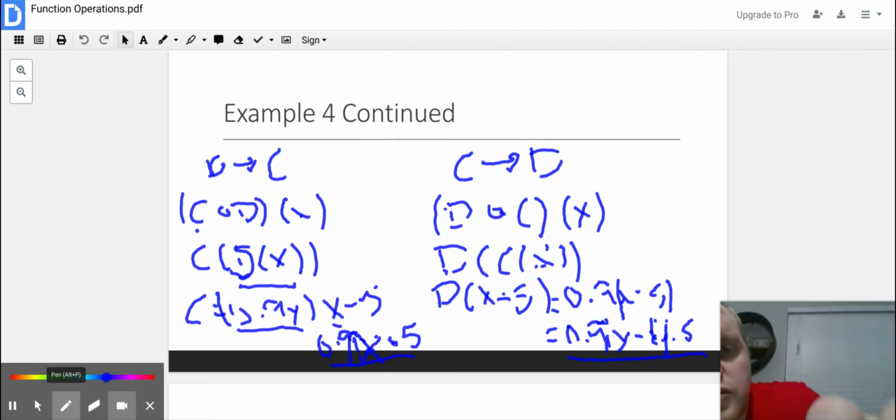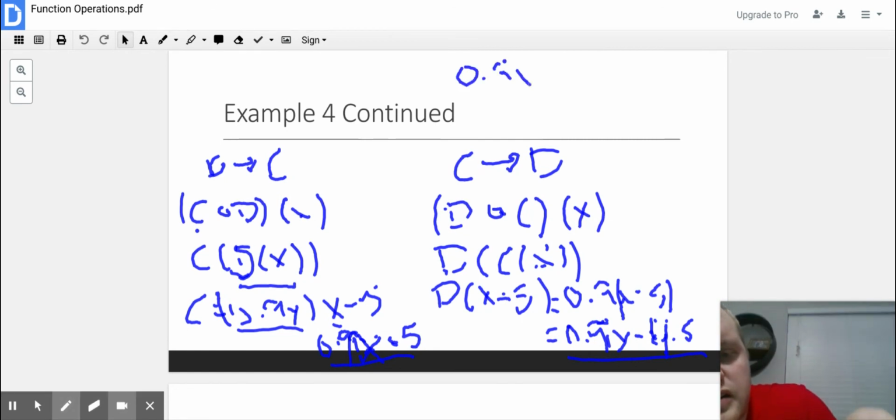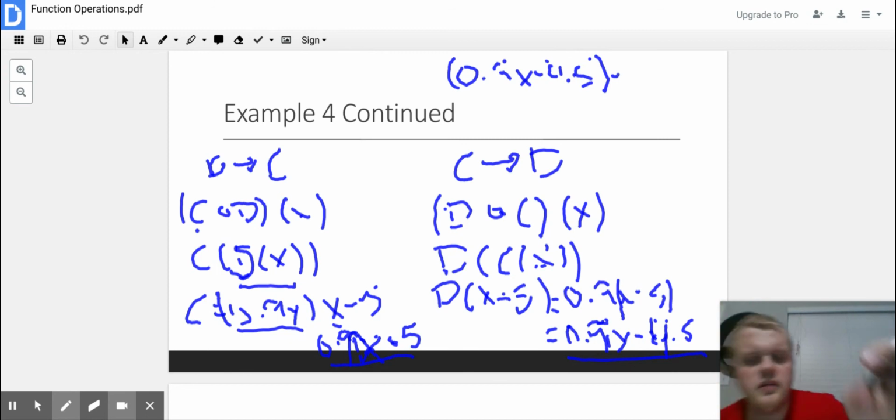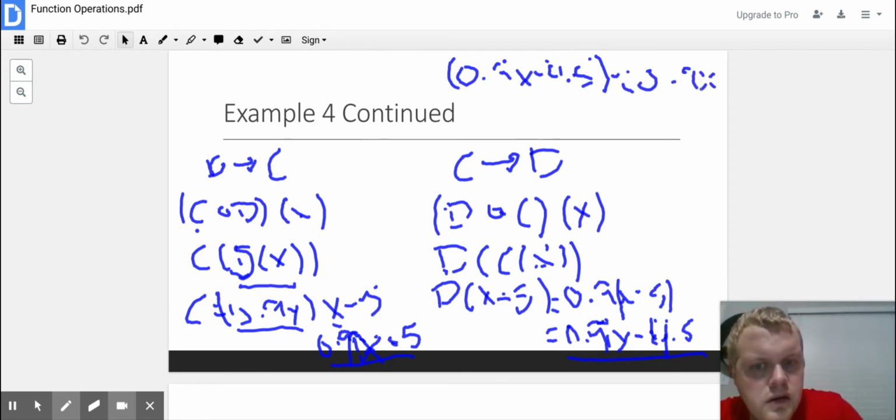Okay, so 0.9x minus 4.5 minus 0.9x minus 5. With subtraction, I'm going to distribute that subtraction into both.